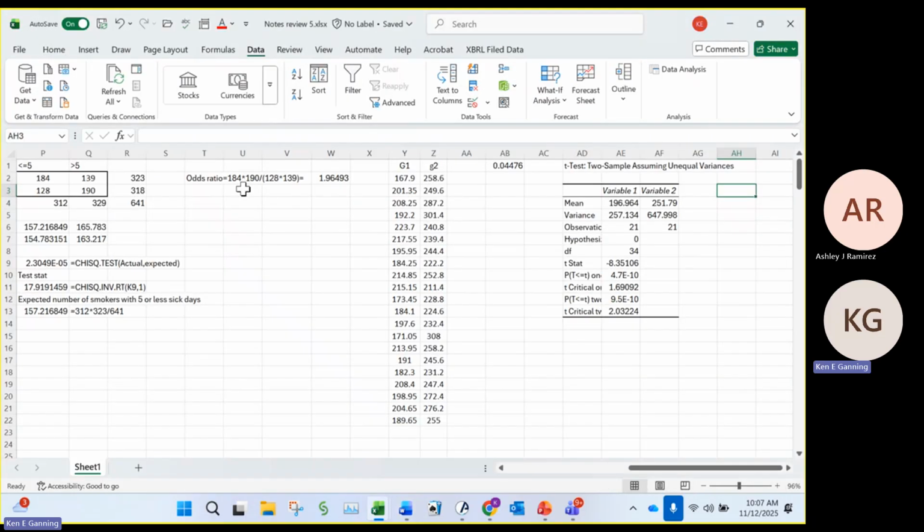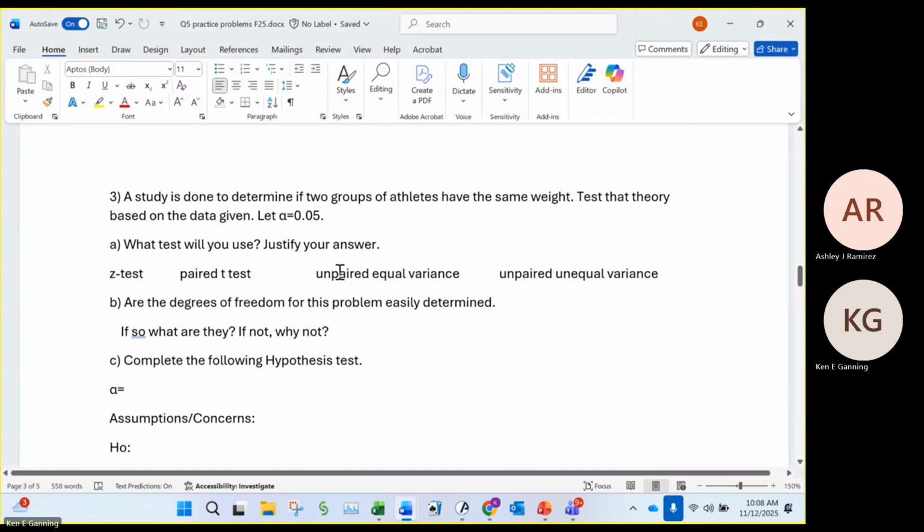So when I do my F-test, I get .04476. So am I going to assume equal variance or unequal variance? Unequal.